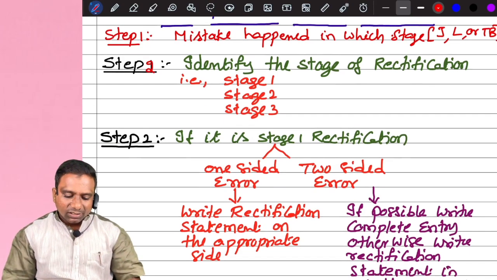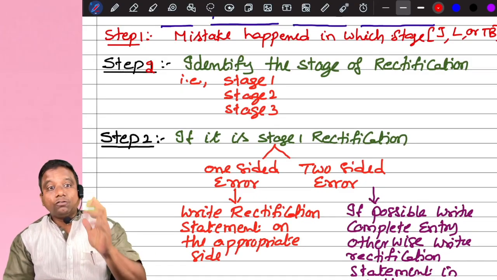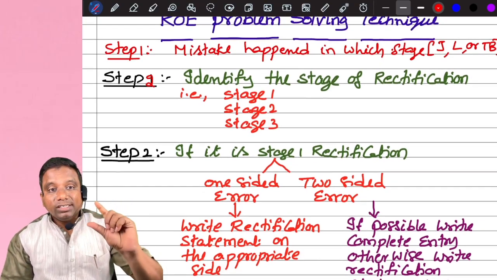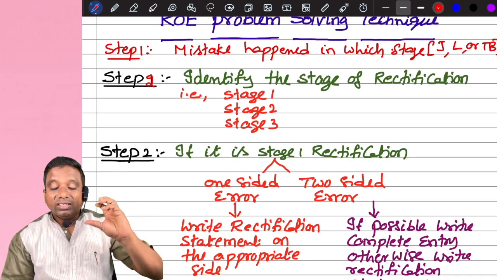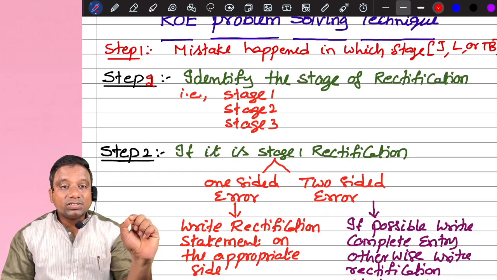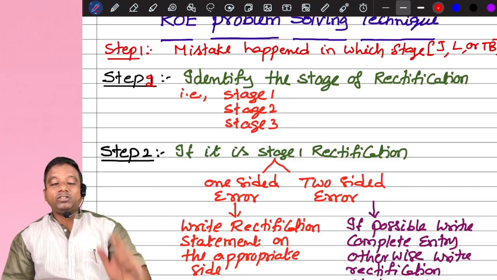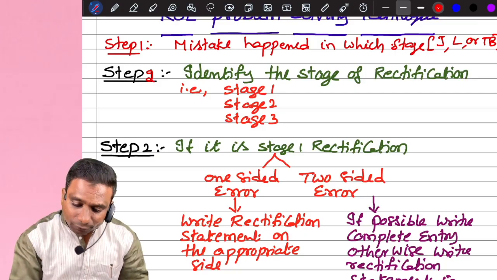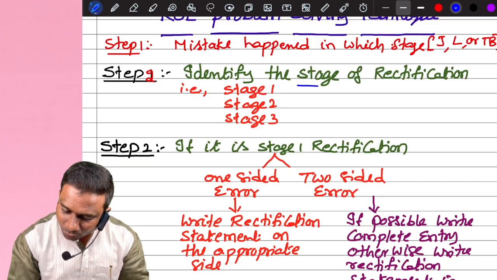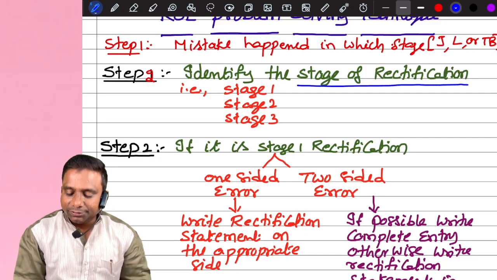Okay, now second step: identify the stage of rectification. Step 1 is in which stage the mistake happened, whether in the recording stage, posting, or preparation of trial balance. Second step is the stage of rectification.